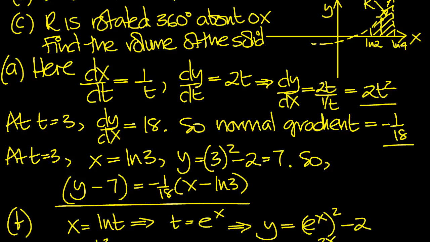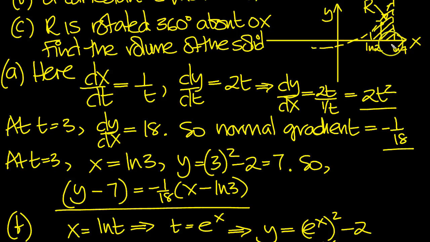Now part C, we rotate the volume between the bounds log 2 and log 4. So if you think about it, you're going to get a cylinder generated here. Here's a cylinder, there's its height. It's of thickness delta x, isn't it? So this little delta volume then is equal to, a cylinder is pi r squared, where the radius is y, so pi y squared, that's the area, times the thickness delta x.